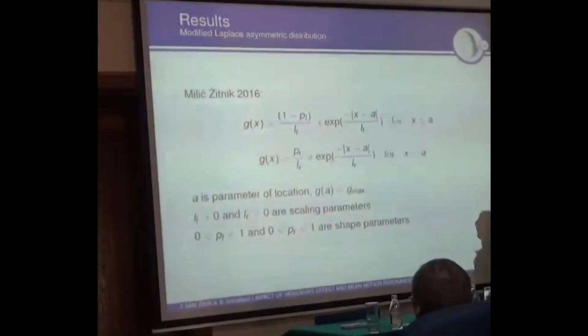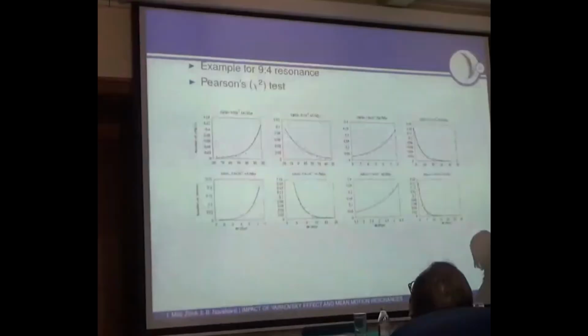And after many trials of which statistical distribution function best fits the distribution of DTR of our data, we decided to use this modified Laplace distribution function with this branch. This is the definition of that function, and this is the definition of 5 parameters, the shaping ones and the parameter of location.